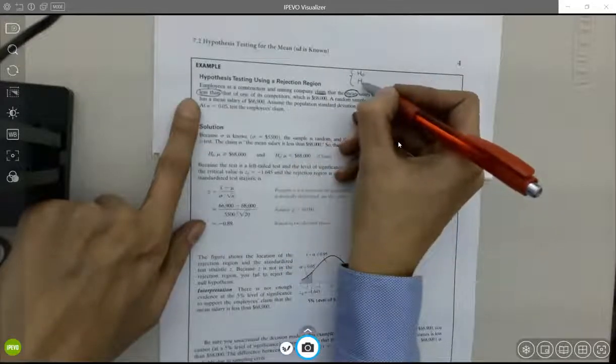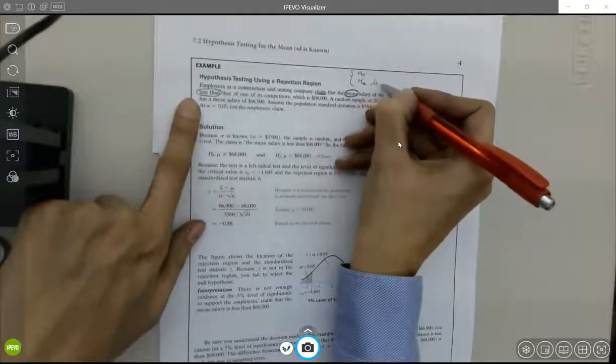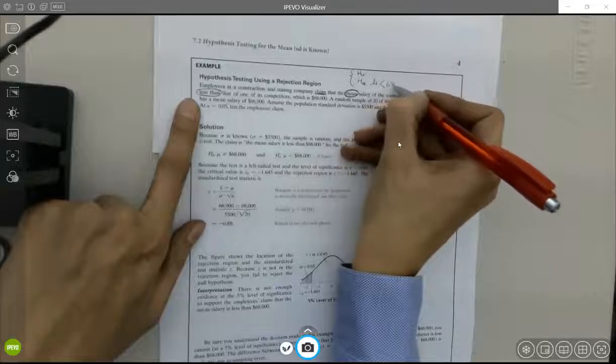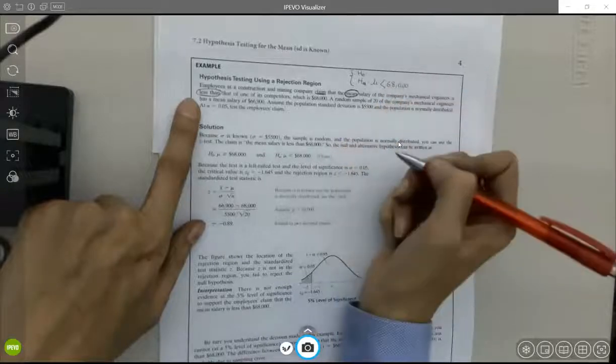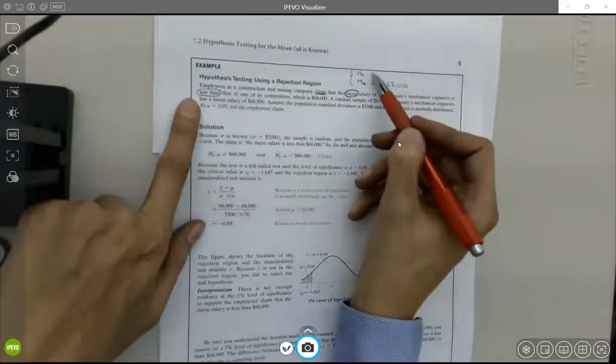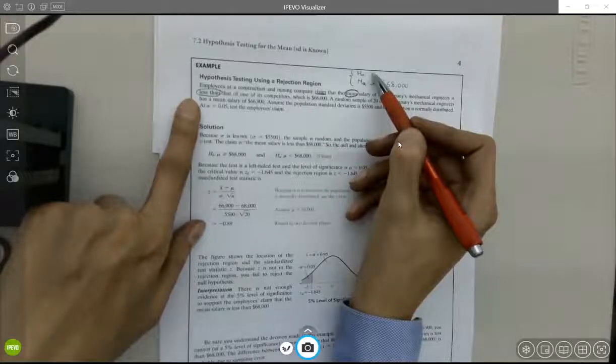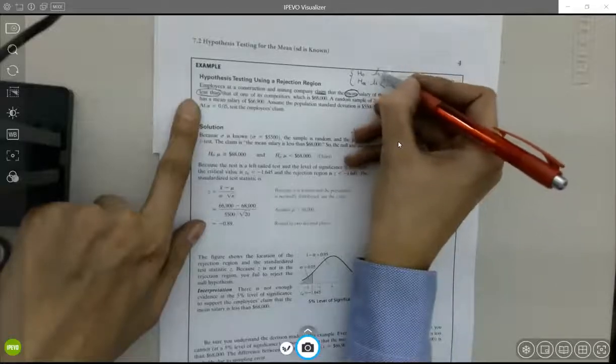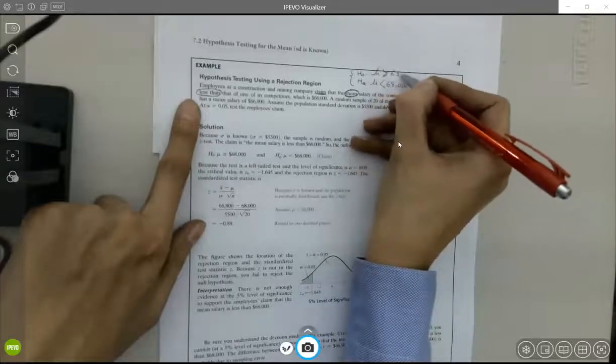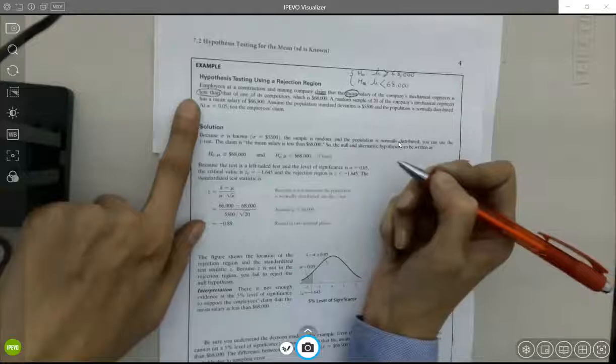So your alternative hypothesis says mean is less than $68,000. So what is your null hypothesis? Mu is greater than or equal to 68,000. Very good.